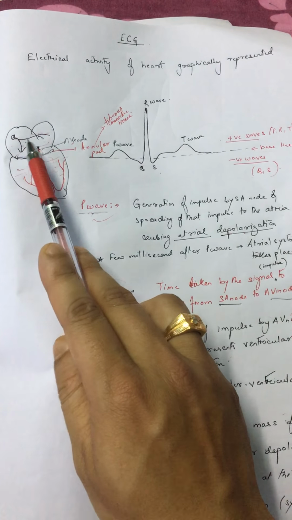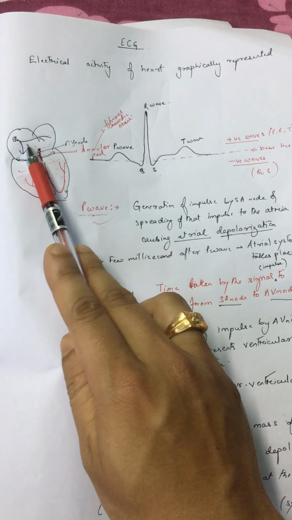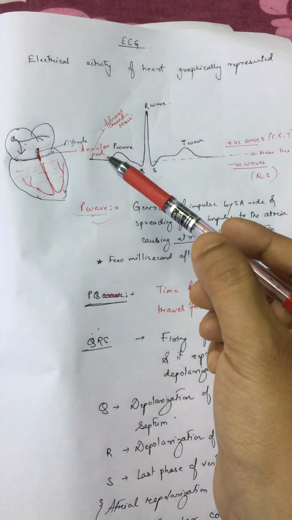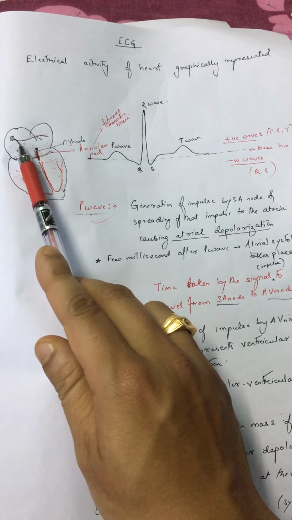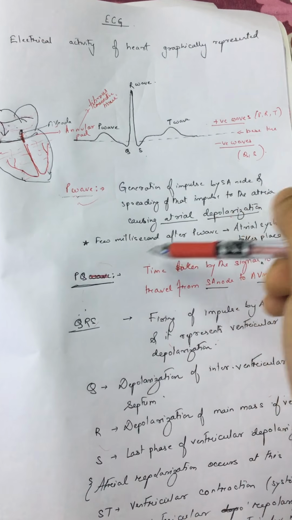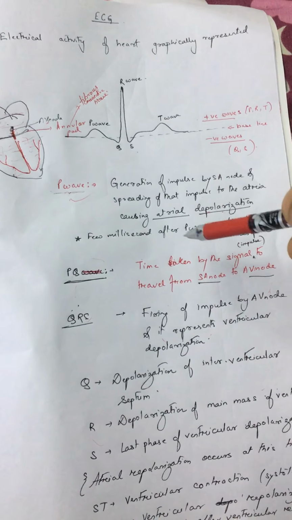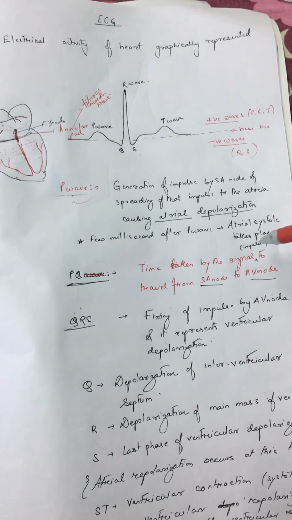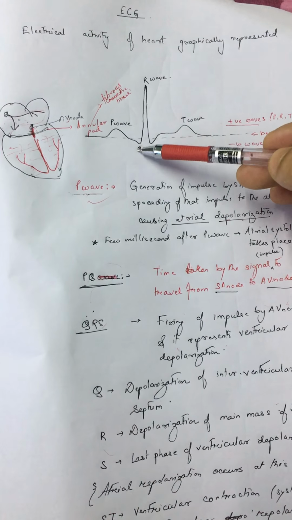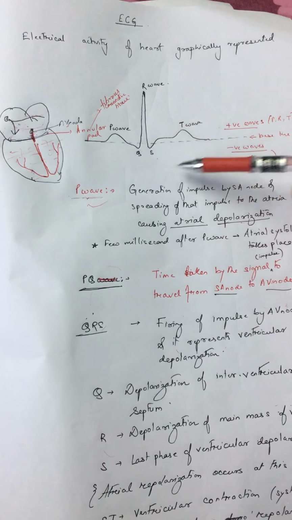Now the impulse generated by the SA node reaches the AV node, as I told you. Some time is required for the impulse to travel from the SA node to the AV node, and this is represented by PQ. Now let's explain the QRS complex.